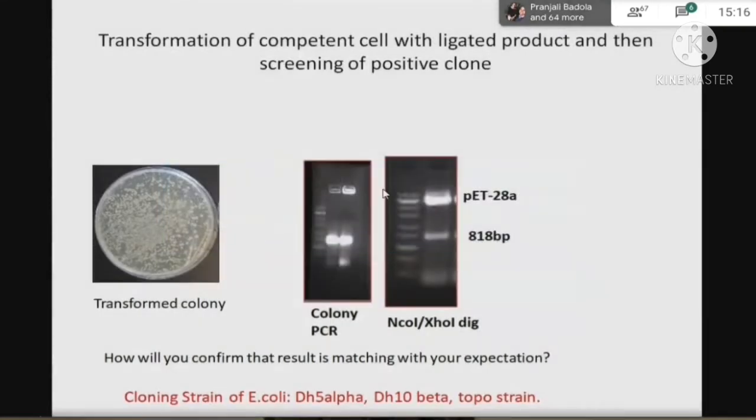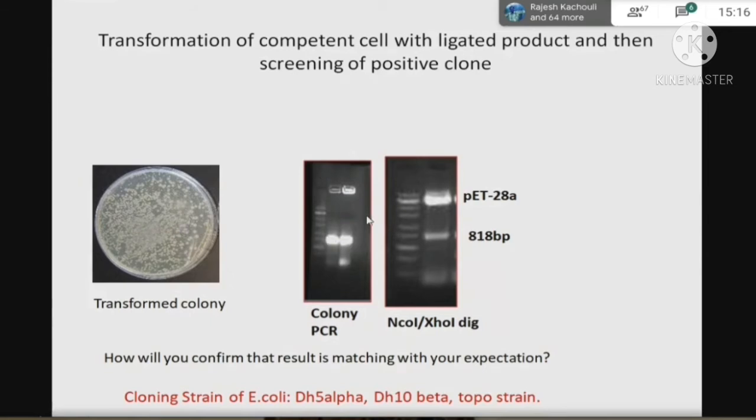Fine. So out of these colonies, which is your positive colony? You will mark colony 1, colony 2 in this way, take that sample, and do colony PCR. You can take 2 colonies, 3 colonies, 4 colonies, and do colony PCR.